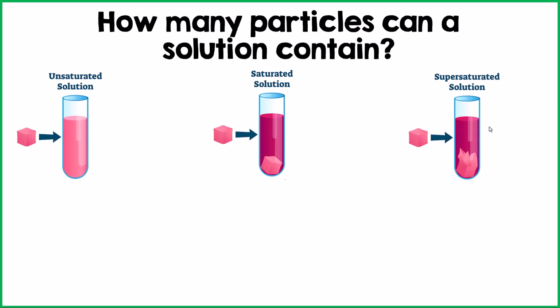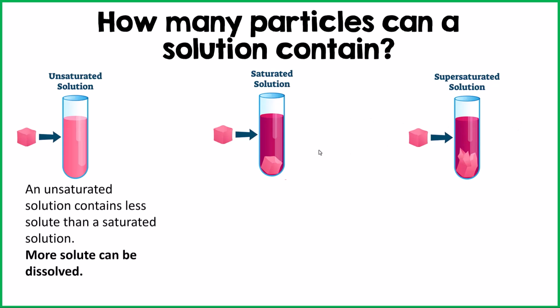So how many particles can a solution actually contain? So now we've discussed the process of it. What about the amount? So how much solute can we really put into a solution? Well, an unsaturated solution contains less solute than a saturated one. So here we're working our way up from less solute to more solute.